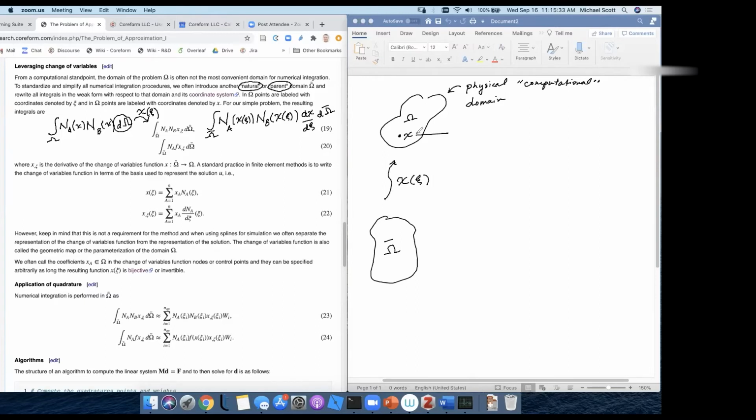This we call a coordinate. So the coordinate for the physical domain omega, we're using the term x. The coordinate we're using here is xc. And so that's why we call this a change of variables or a change of coordinates.